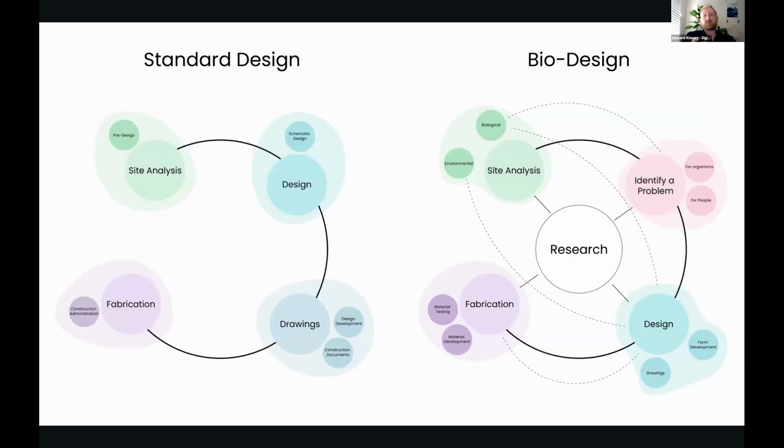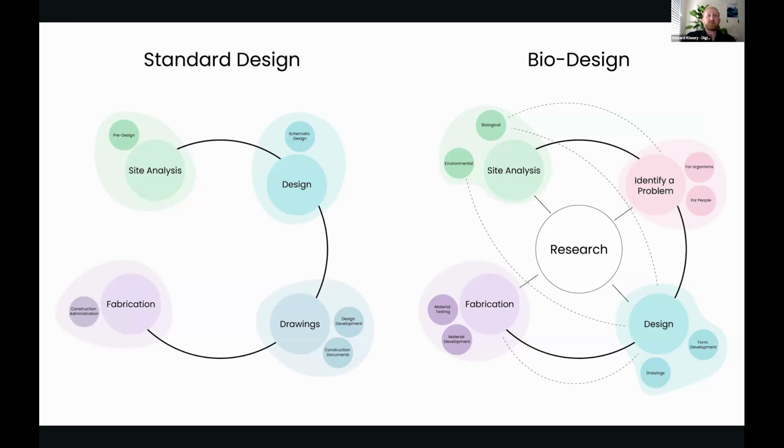This is a diagram showing how in the standard design process, when you're doing typical architecture, the pre-design and site analysis is basic environmental analysis under the context of openings like windows, light, and airflow.